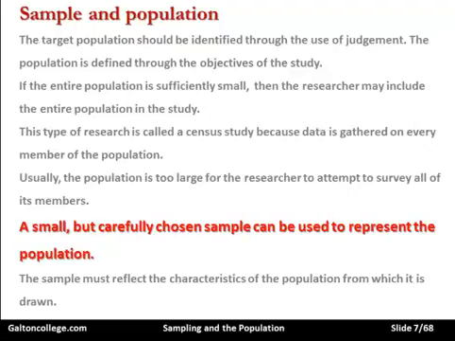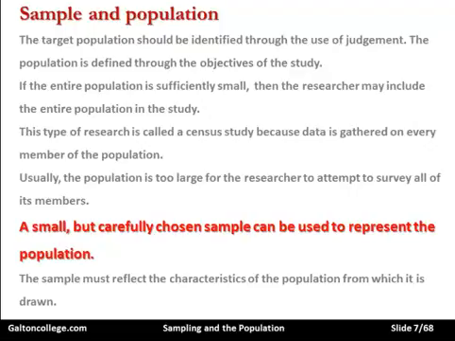So if instead of selecting 30, the researcher selected 100, that would give a better picture. And there should be some rule, as indeed there is, about what the ideal sample size should be. But generally speaking, the most important point here is that the sample should be selected randomly.